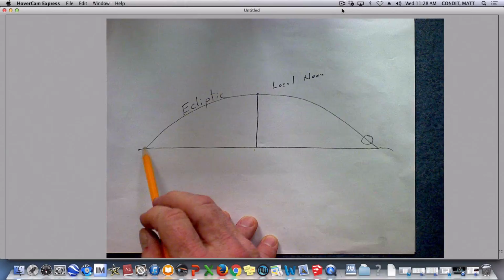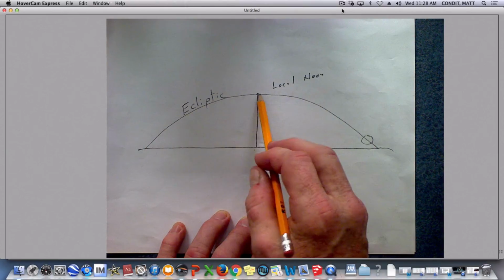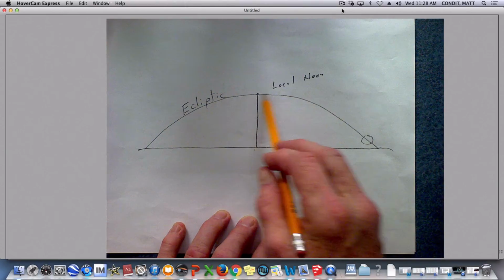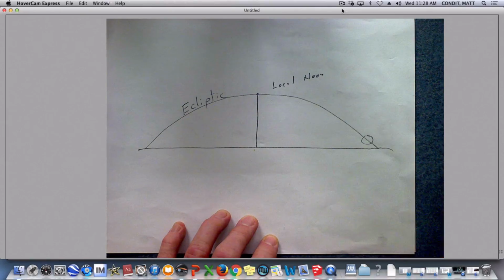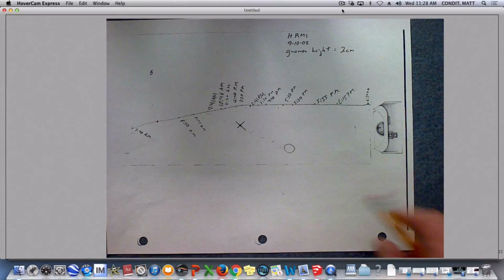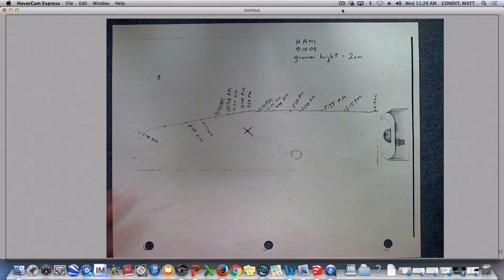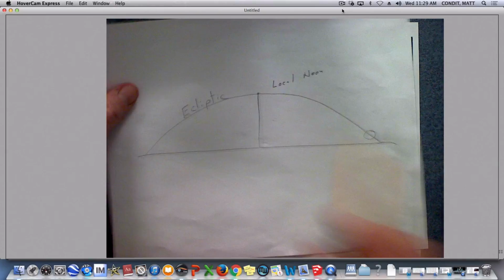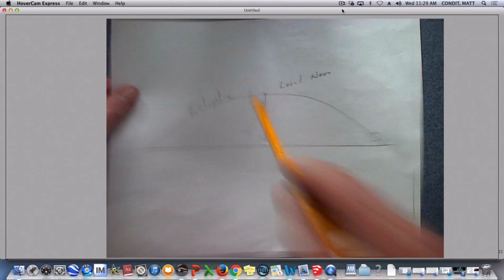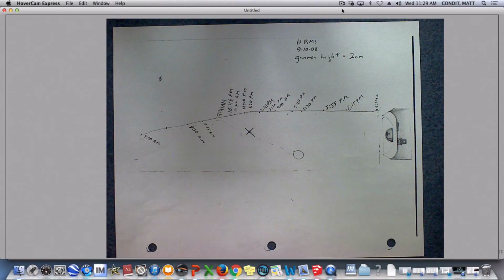Here we have the sun low, coming up, hitting its highest point with its shortest shadow, and then going back down again. So if the ecliptic has a line of symmetry, certainly a shadow plot would. And notice the line of symmetry on the ecliptic is its highest point. So the line of symmetry on a shadow plot is going to be when its shadow is the shortest.